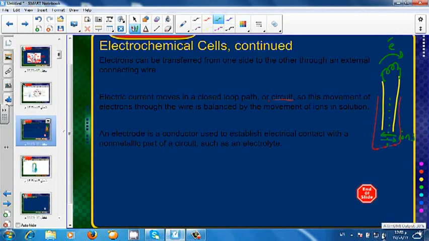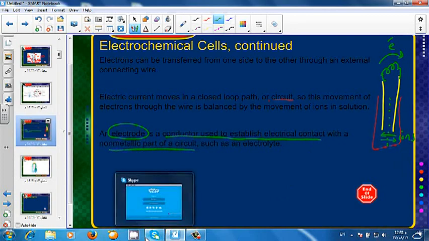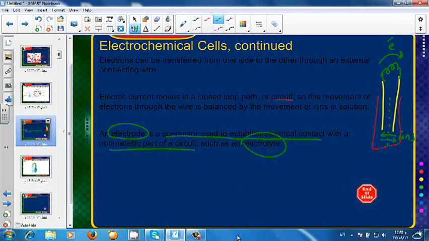What is an electrode? An electrode is a conductor used to establish electrical contact with a non-metallic part in the circuit, and the non-metallic part is called the electrolyte. If I am talking about the first half cell, which is the zinc half cell, I have here a zinc plate.